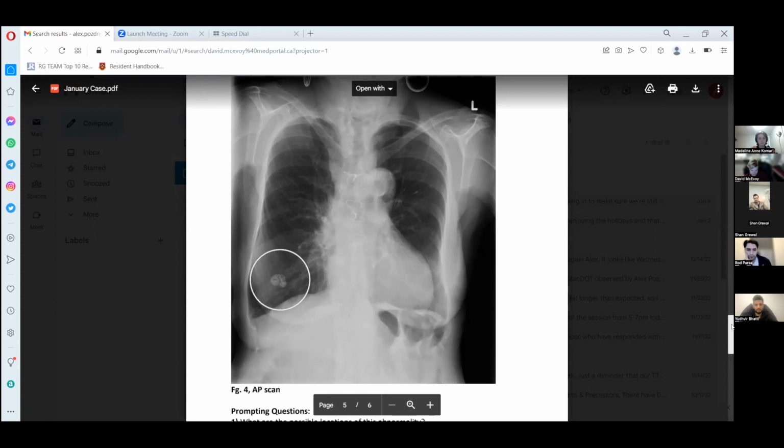If I'm just presenting the case to an attending, I would probably focus on the main abnormality first, because unless they ask you about your approach to chest radiograph and want you to go into great detail, I would just focus on the main abnormality first.